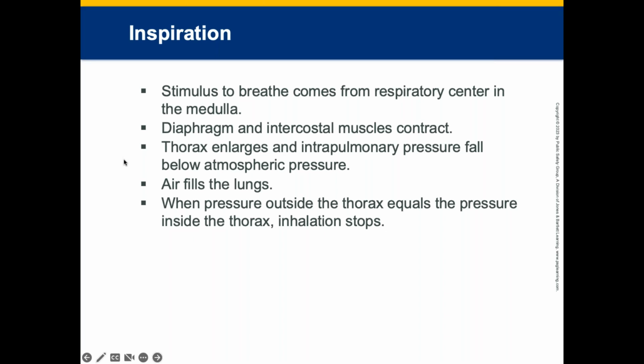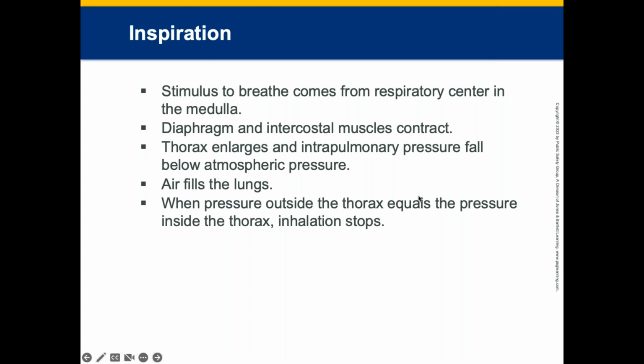So the motor nerves of respiration are the phrenic and intercostal nerves. During inspiration, the diaphragm and the intercostal muscles contract. The thorax then enlarges and intrapulmonary pressures fall below atmospheric pressure. Because of that, air is pulled in and fills the lungs, right? When air pressure outside the thorax equals pressure inside the thorax, inhalation will stop.